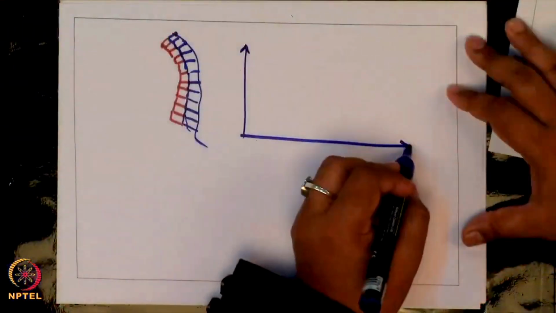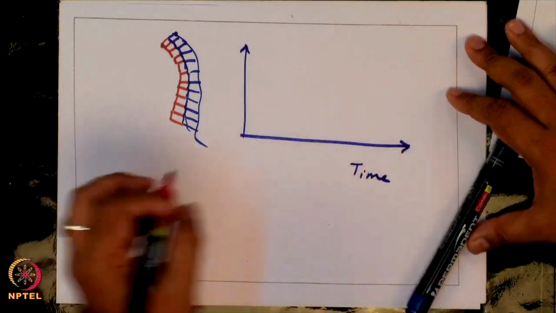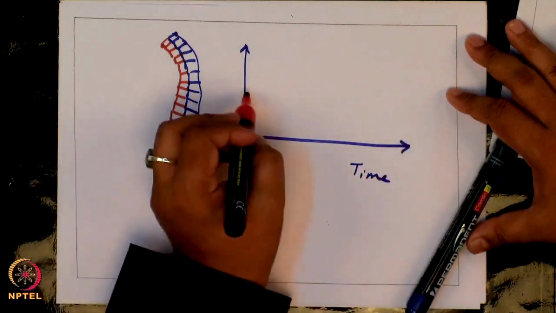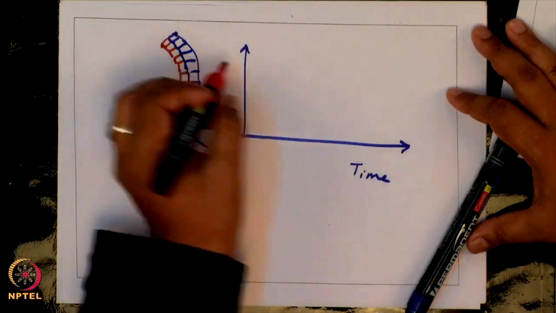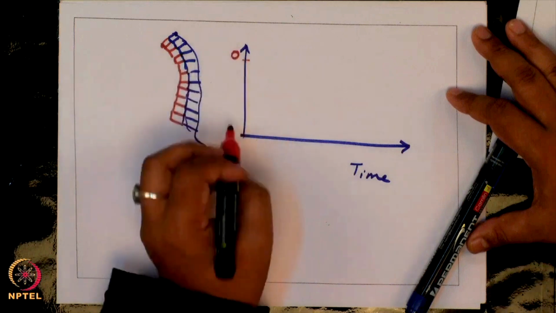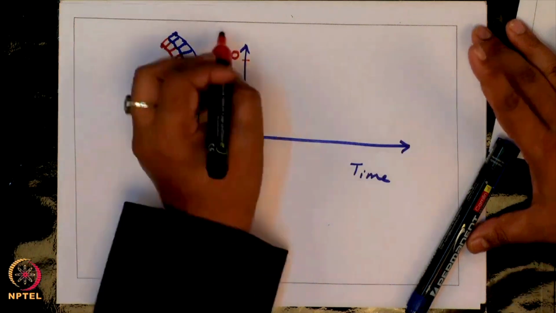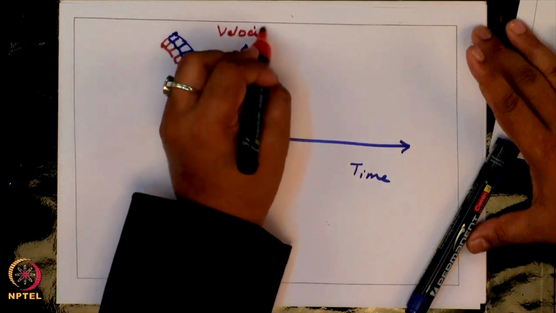So, what we observe, once again this is time, and every time the velocity is, because flow is backward, this scale is actually negative. It starts from 0, let us say this is minus 15 or whatever, you have velocity.